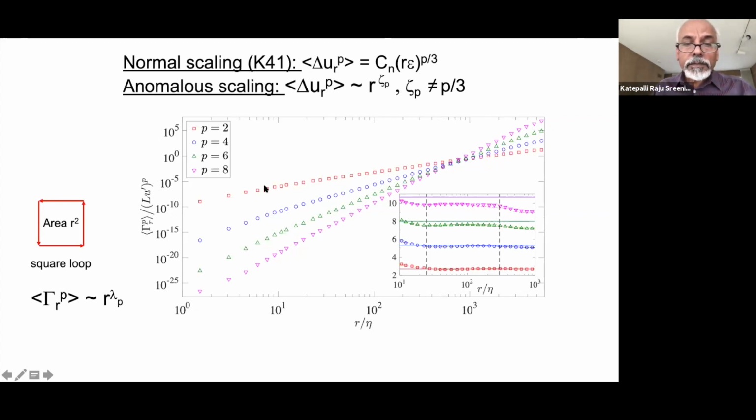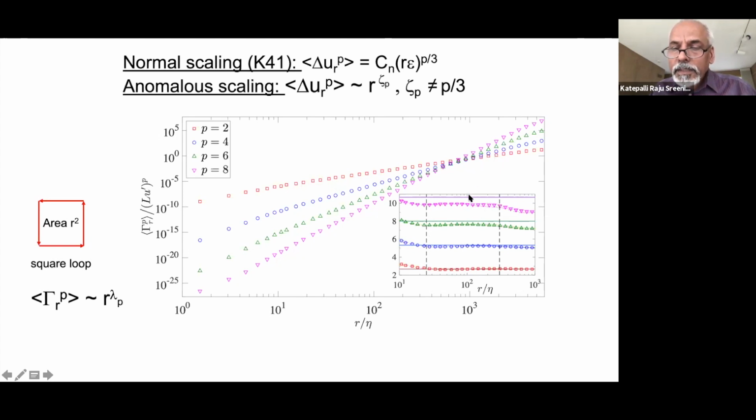And instead of drawing lines here, what I've done is to take the local slopes of these and plot them here. For second order, this is here. For fourth order, it is here. Sixth order, eighth order. This is supposedly the scaling range. And in fact, you can see that even at high order, it seems to scale pretty well.